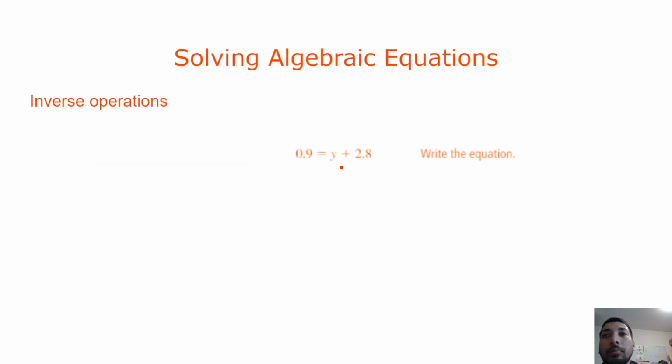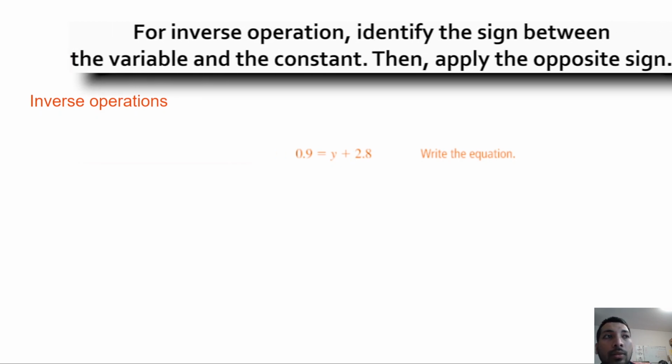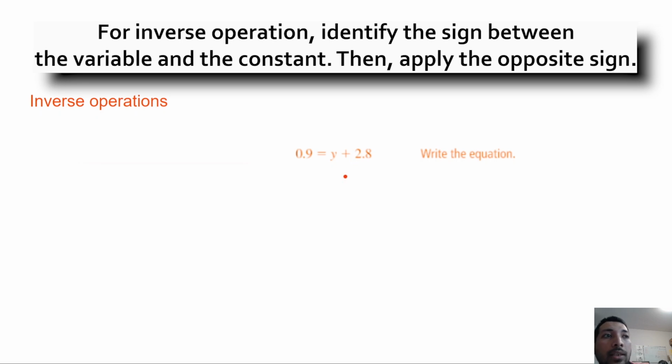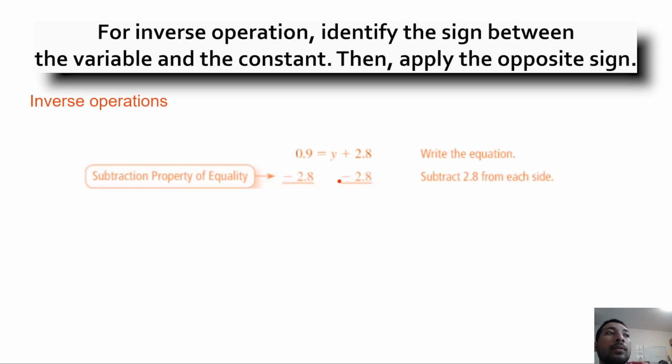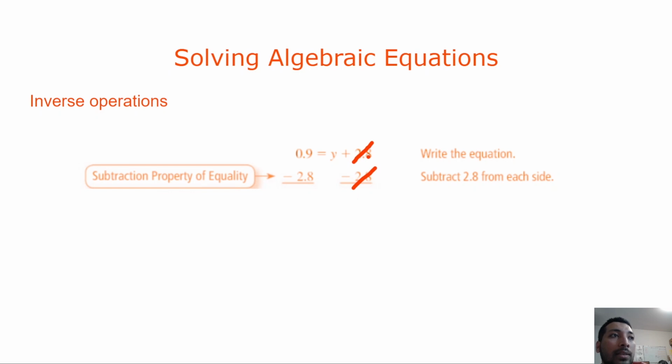So the inverse operation we apply is subtraction. We subtract 2.8 from both sides, using the subtraction property of equality. Now the subtraction cancels these two numbers. So we have negative 1.9 equals y. We can also write this as y equals negative 1.9.